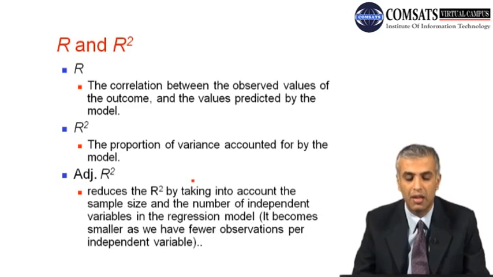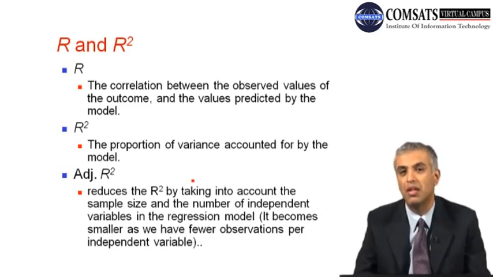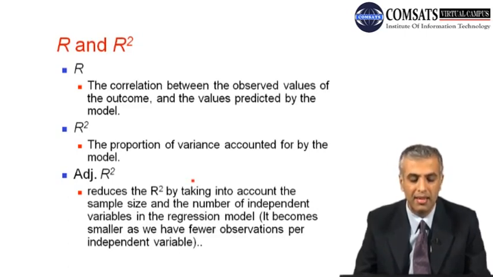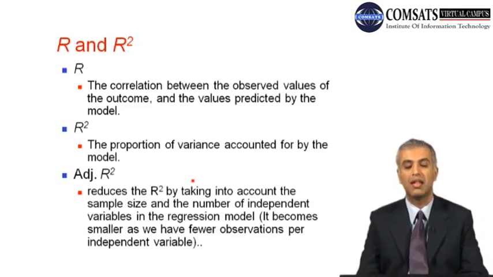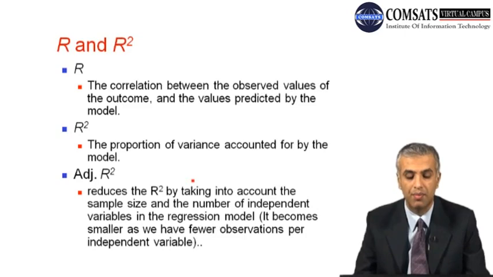Then we have got R square. Again, it's the proportion of variance which is accounted for by the model, and the adjusted R square. Now here adjusted R square basically reduces the R square by taking into account the sample size. So basically it also depends upon the number of independent variables in the regression model.